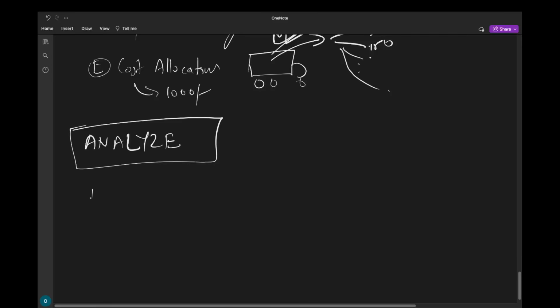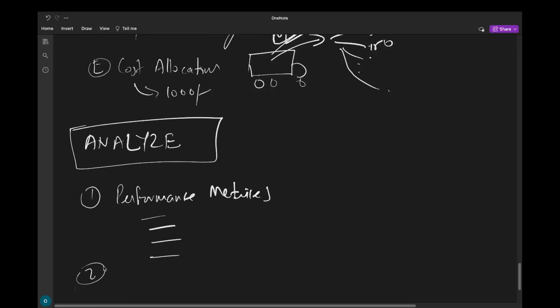First is performance metrics. What is the on-time delivery percent? What is cost per shipment? What is cost per mile or per kilometer? Carrier performance ratings and so on.